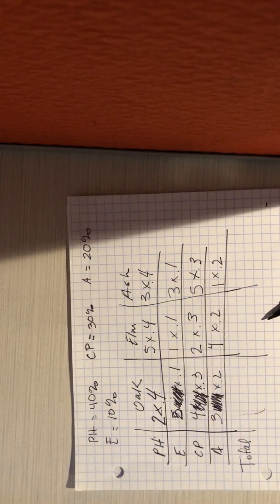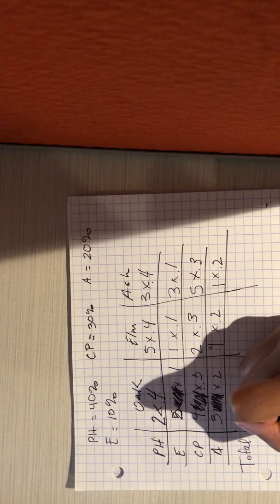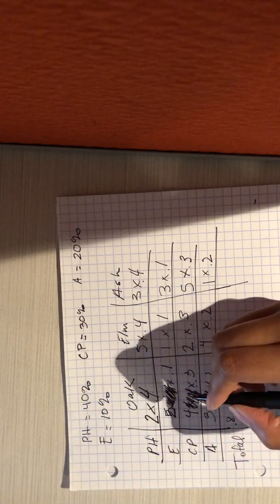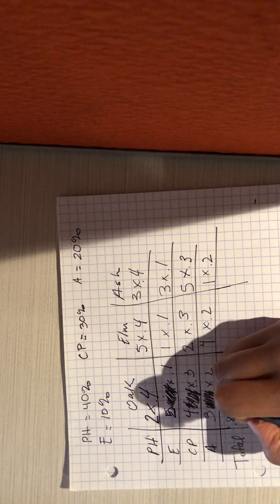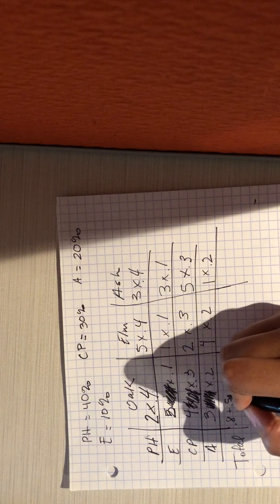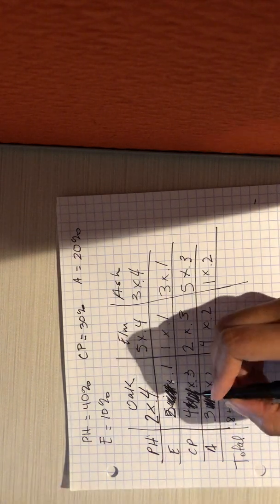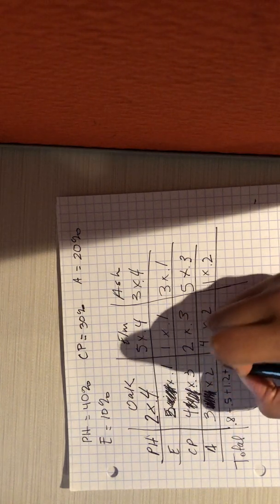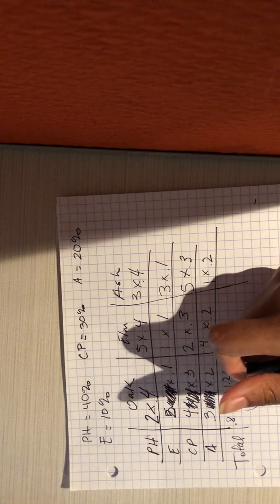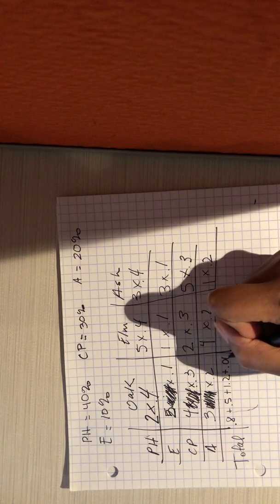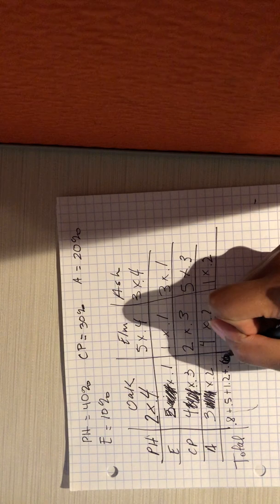So 2 times 0.4 is 0.8. Then 5 times 0.1 is, I believe, 0.5. 4 times 0.3 is, I believe, 1.2. Yeah, 1.2, and 3 times 0.2 is 0.6.